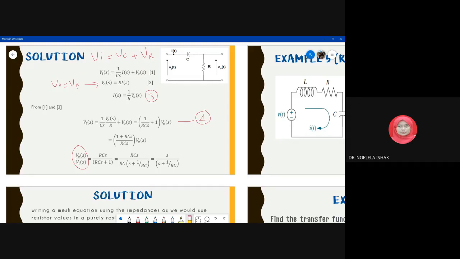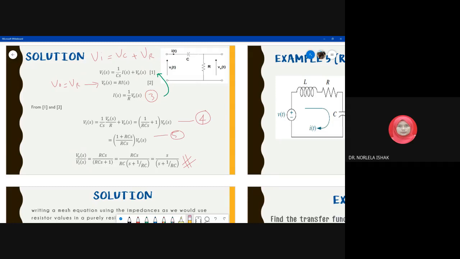I changed this one, otherwise it would confuse you. After we substitute current into equation 1, we get equation 4. Then you rearrange until you get equation 5, and then you simplify equation 5 to get our transfer function.